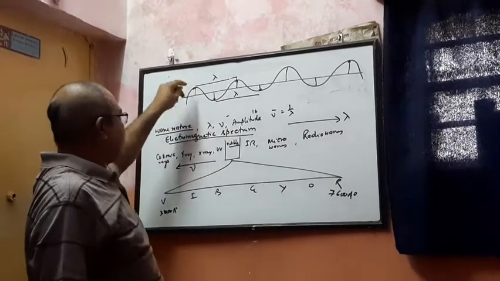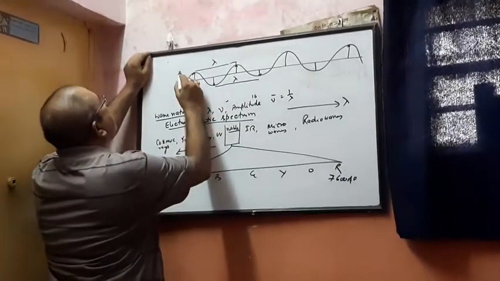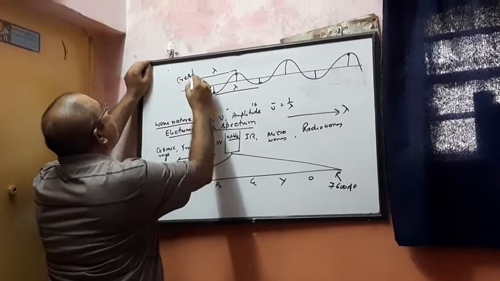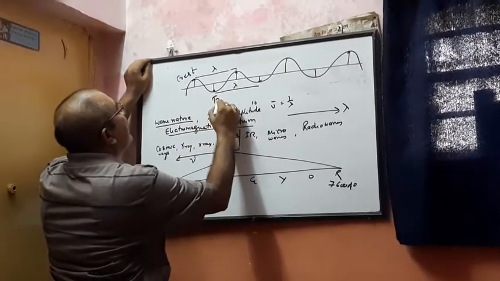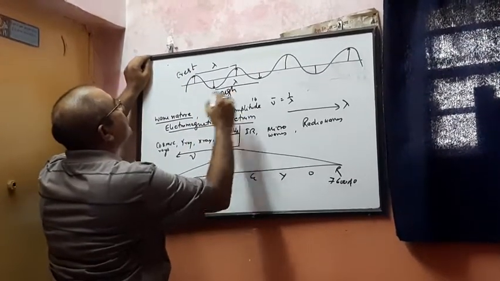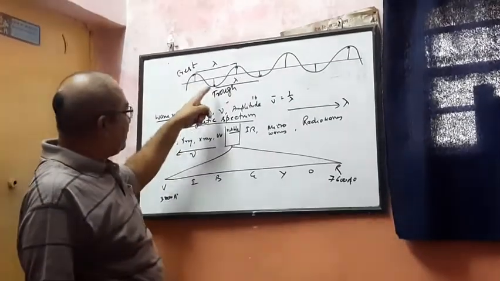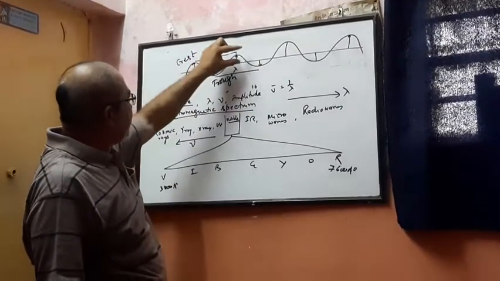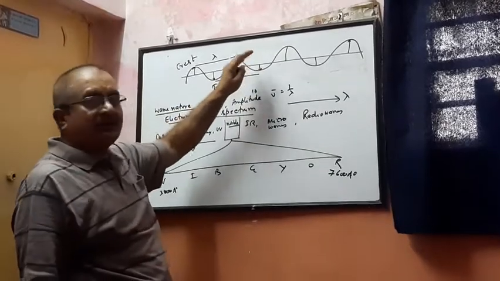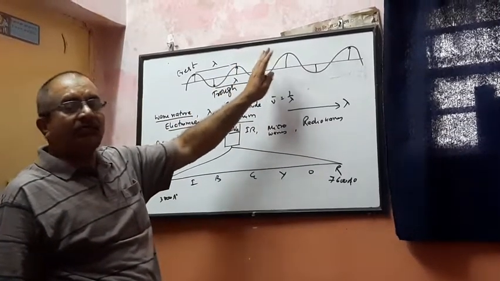So this is your crest, the upper part, and this is your trough. So two consecutive crests or two consecutive troughs give lambda, that is your wavelength.